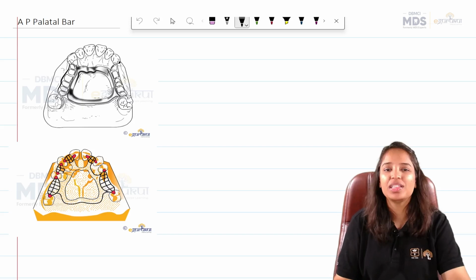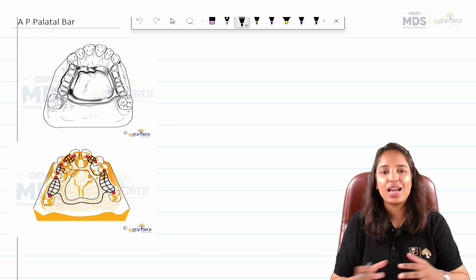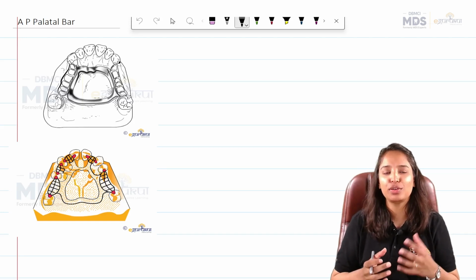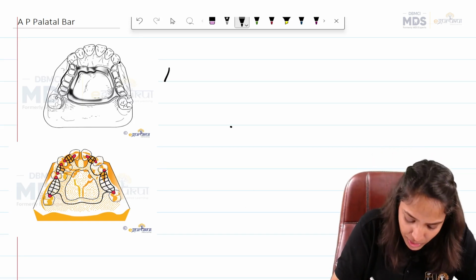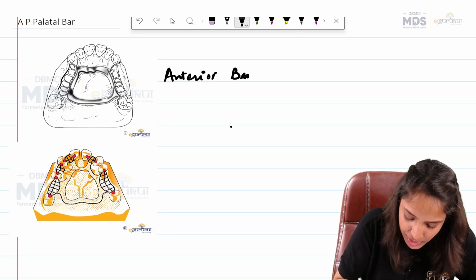Now let us begin with the third variety of maxillary major connector, which is your anterior-posterior palatal bar. As the name suggests, it is a combination of two bars. One is your anterior bar and one is your posterior bar.